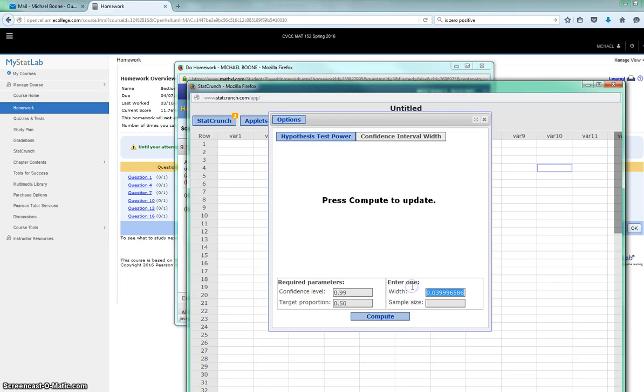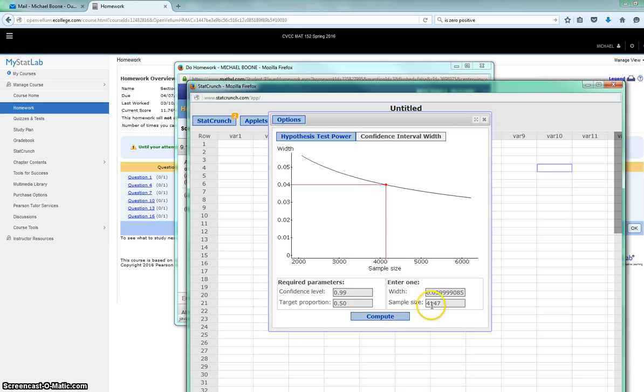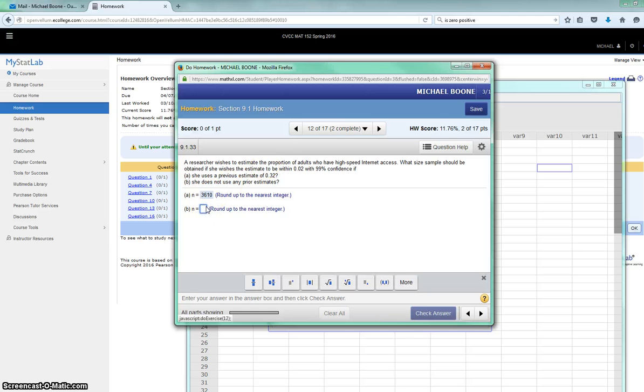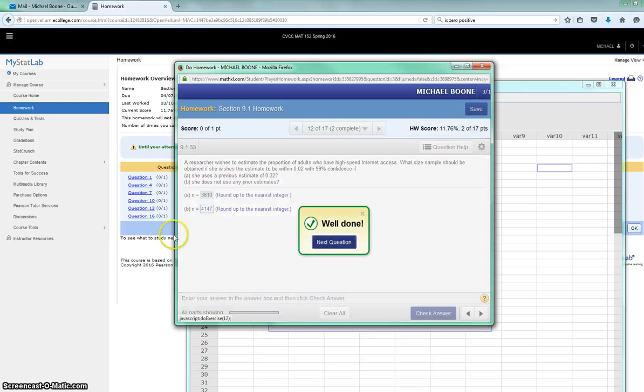Let's go ahead and change this back to 0.04. And we get 4147. When you use 50%, it's also going to give us the largest sample size that you would need. If we have a prior estimate, we get smaller numbers of people we have to sample to be 99% confident.